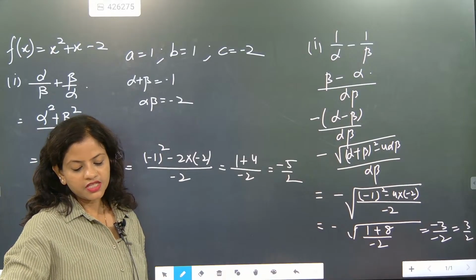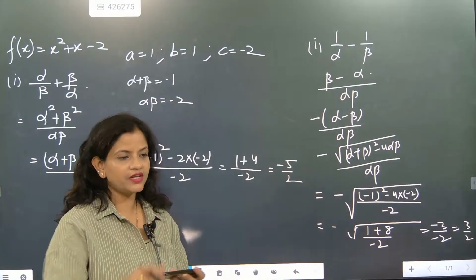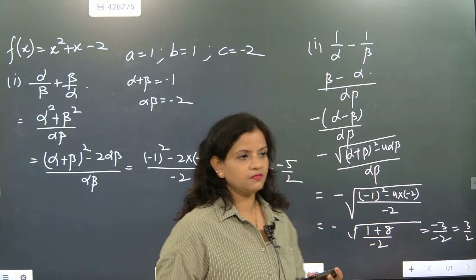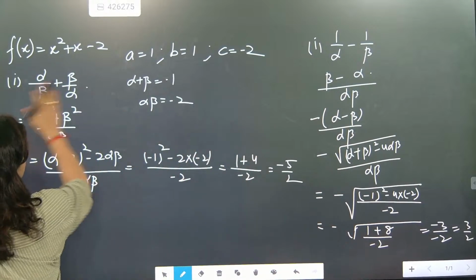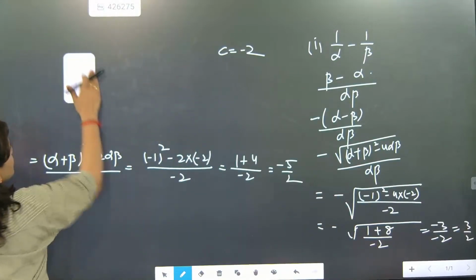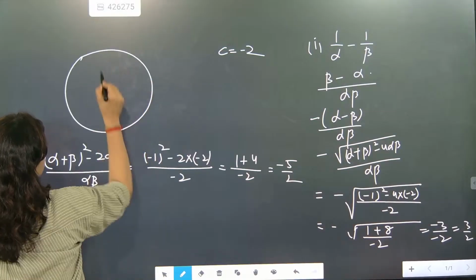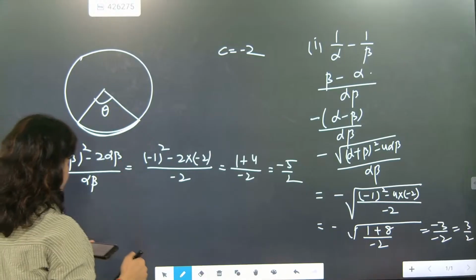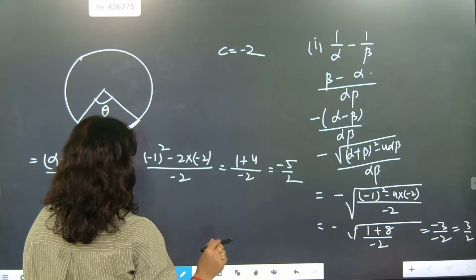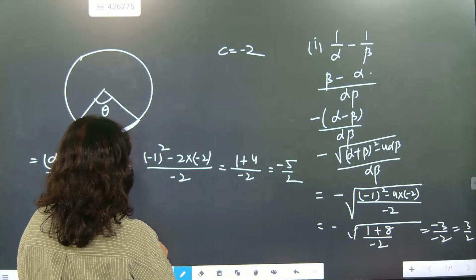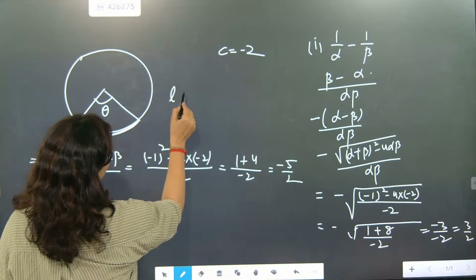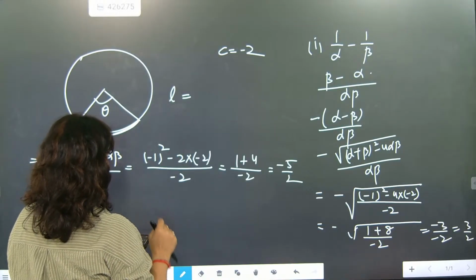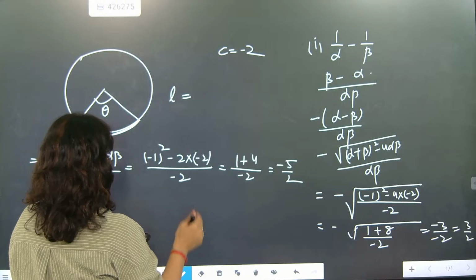Please solve. One question Sophie has asked. Please everybody try this question. She is telling the length of an arc of a circle subtending an angle theta at the center is numerically equal to the area of the sector.